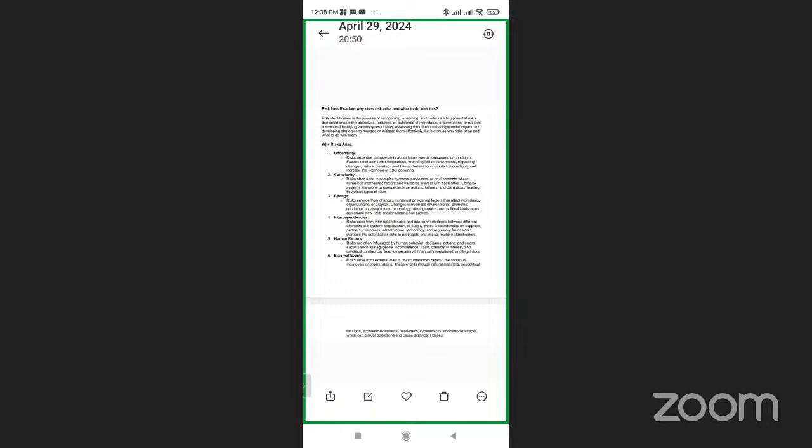Then comes certain external events. External events, as you know, basically are the events which are beyond the control of individuals or organizations. Like the event of natural disaster, like flood or earthquake or hurricane, or events like war-like situations. If war occurs between two countries, automatically all the people living in the country will have to be affected.